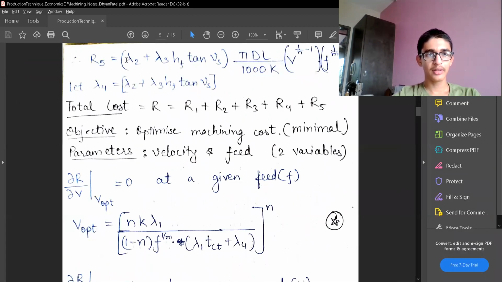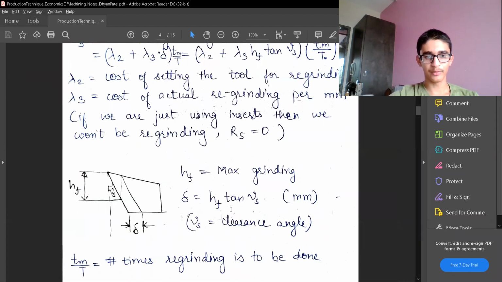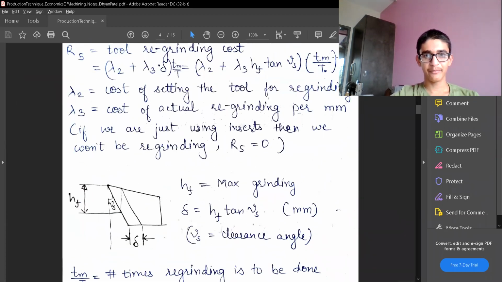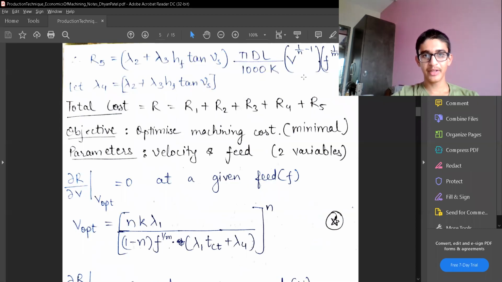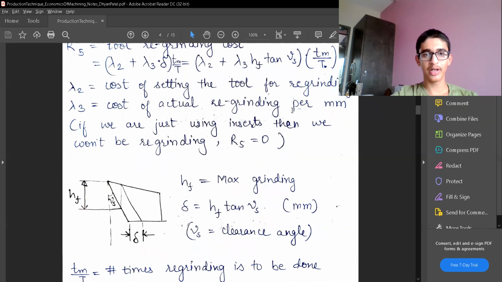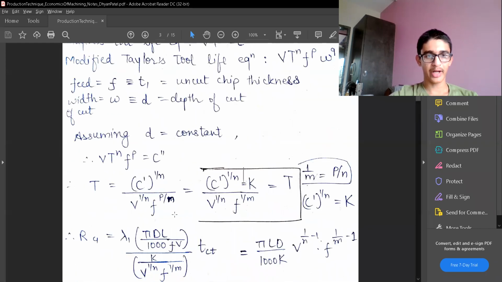So this is how it will look: lambda 2 plus lambda 3 HF tan mu s into pi d l upon 1000 K. This is coming from Tm, the machining time formula, because the Tm factor is there. And the 1 by n and 1 by m are coming because of the tool life, which we have derived for R4. So this is what I am going to use every time. T is equal to K upon V raised to 1 by n, F raised to 1 by m. So remember this.